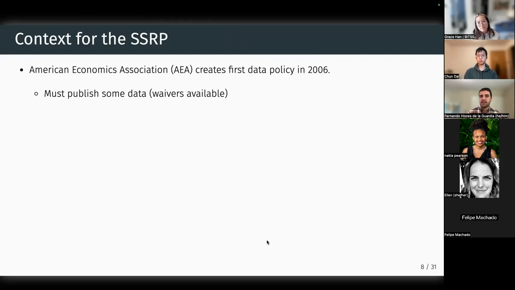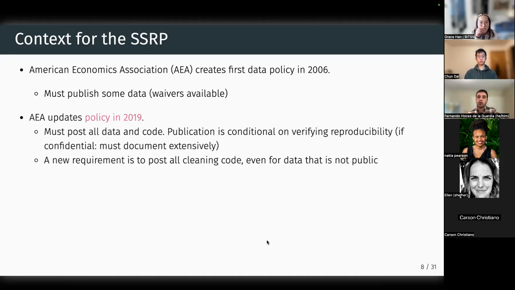In 2006, there was the first data policy from the American Economic Association, where for the first time the AEA requested that some data be published, but with a lot of waivers available. In 2019, there was a substantial modification that has changed the landscape, where now all data and code need to be published if you want to publish in one of the 9 AEA journals.